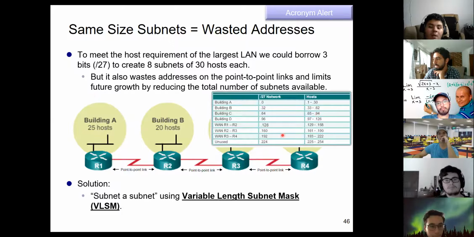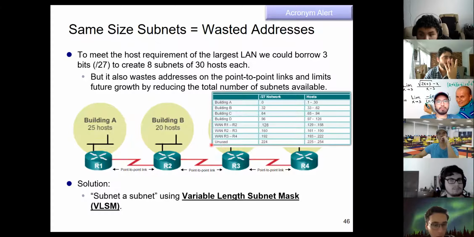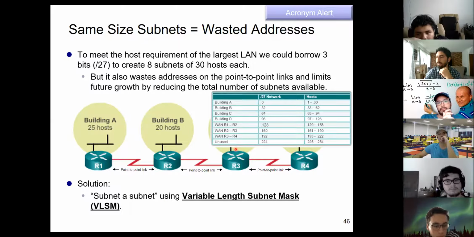So this would be building A, B, C, and for example, this connection between router 1 and router 2, 2 and 3, 3 and 4, and then you are left with 1 subnet unused, because you use 3 bits. You're going to have 8 subnets, but you only need 7 of them. You're not going to use the last one. And this is going to be host, okay?